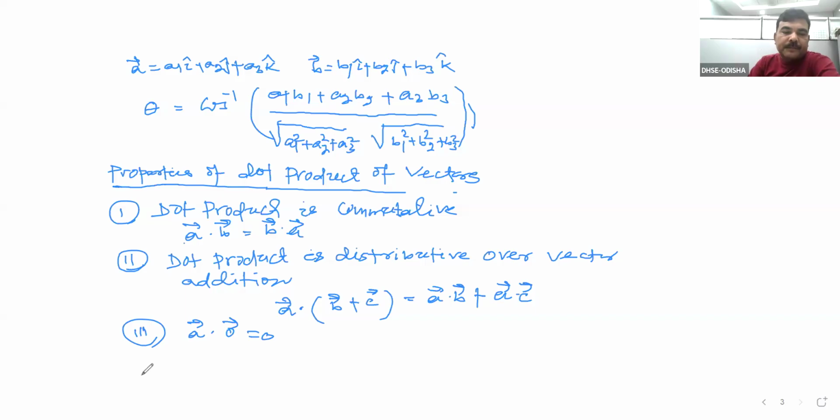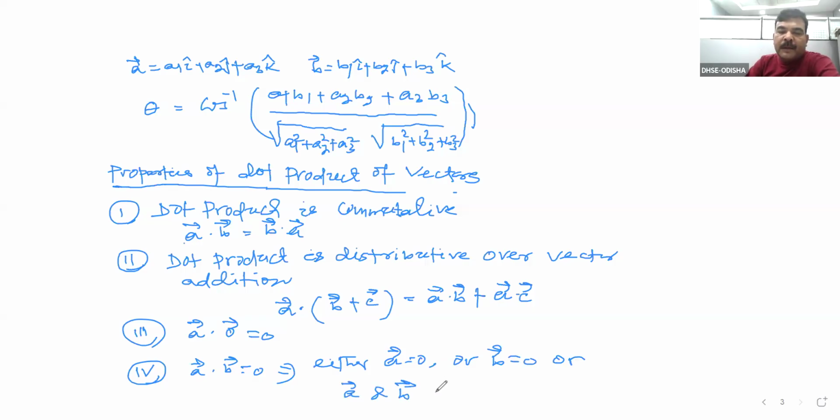Property 4, A dot B is equal to 0 implies that either A is equal to 0, or B is equal to 0, or vector A bar and B bar are perpendicular.